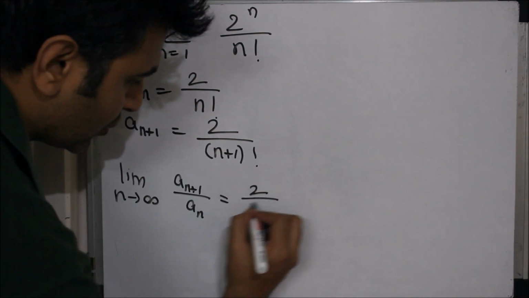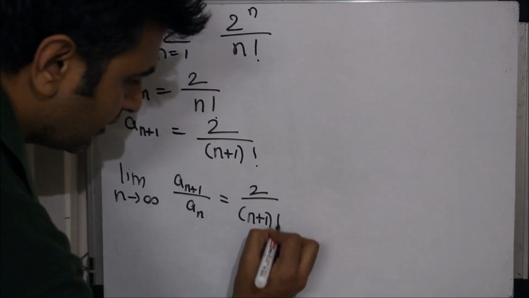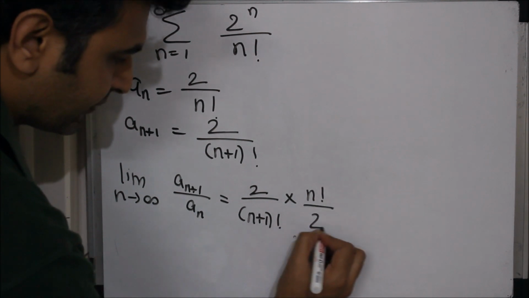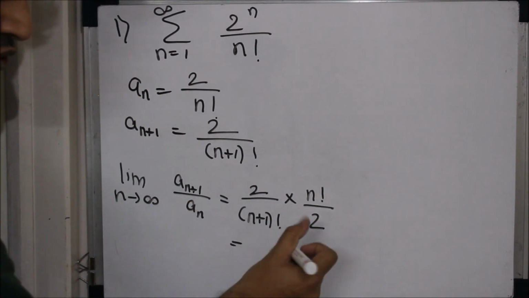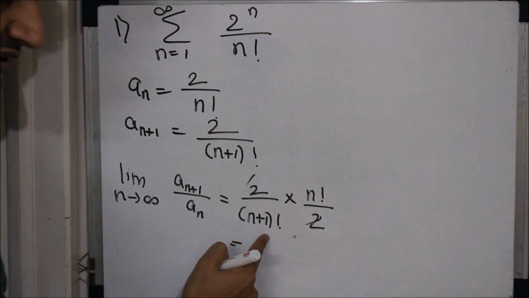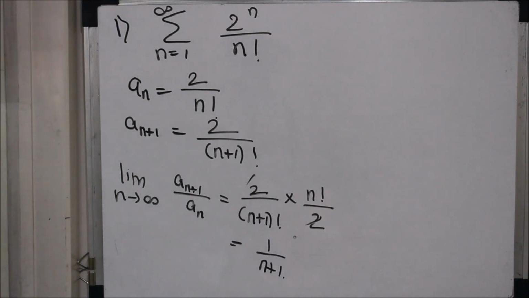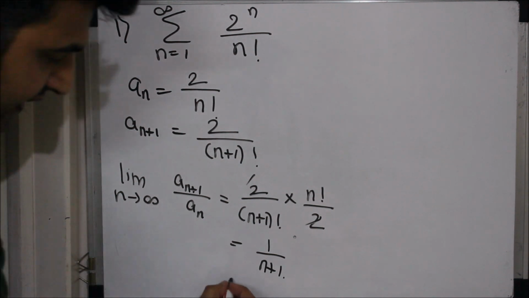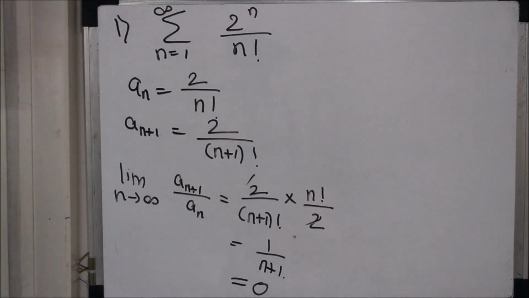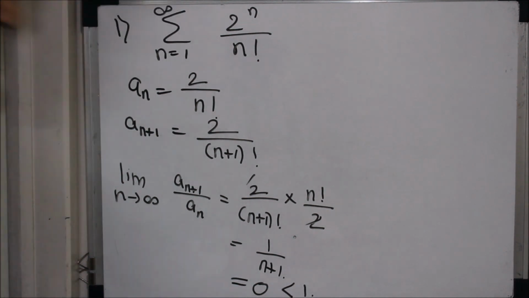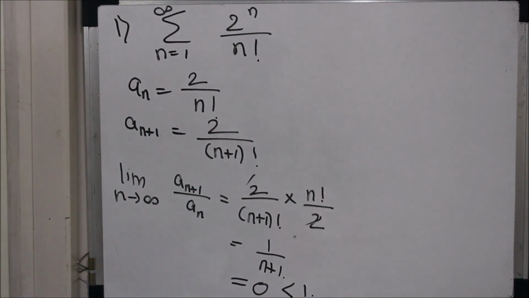What do I get? 2^(n+1) upon (n+1) factorial, whole divided by 2^n upon n factorial, which is nothing but n factorial upon (n+1) factorial times 2. N plus 1 factorial is nothing but (n+1) into n factorial. So I'm only left with 2 upon n plus 1, and when n goes to infinity, this is nothing but 0. So my rho is 0, which is obviously less than 1, and therefore by the ratio test, the given series is convergent.